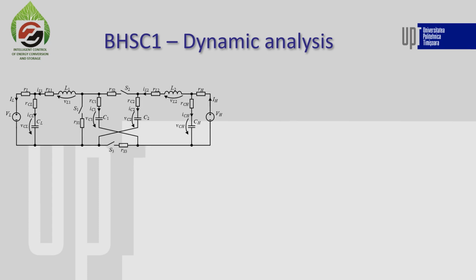Next, we continue with the dynamic analysis. In order to operate the converter with a controller, we must perform the dynamic analysis. So here we include all parasitic resistances in the schematic, and then we use this for designing the dynamic model with the state space average method.